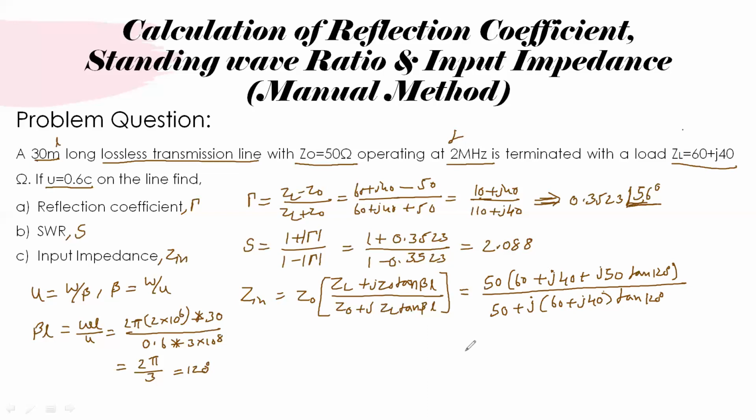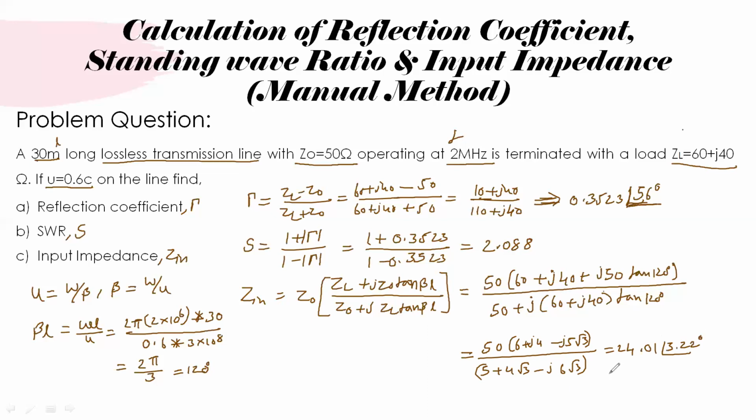So if we do a small simplification on this, we will get the value like this: 50 into (6 plus j4 minus j5 root 3) divided by (5 plus 4 root 3 minus j6 root 3). This is the value we get. Then after simplification, we get 24.1 with angle 3.22 degrees.